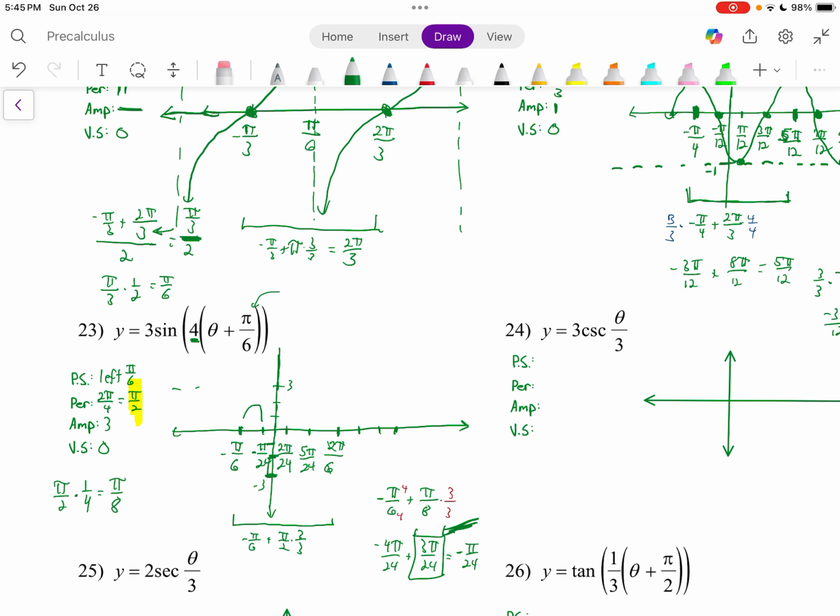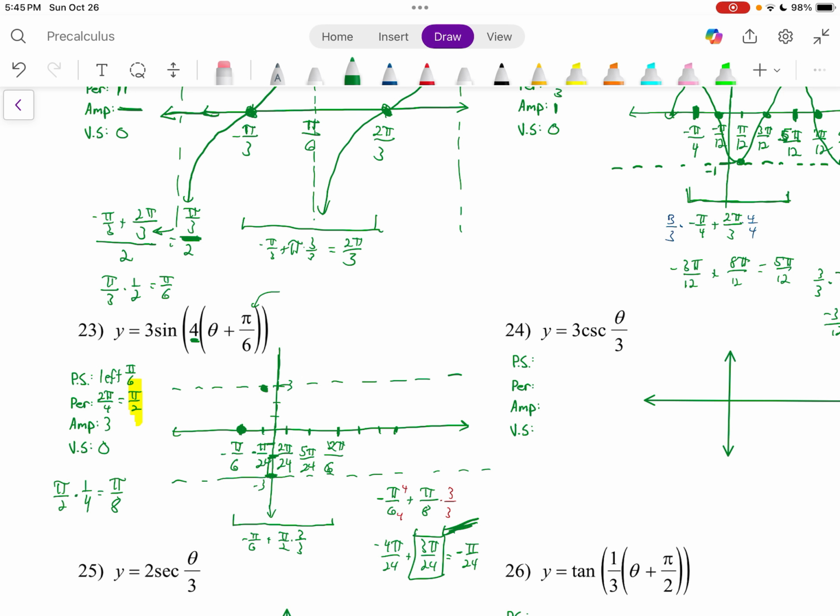I'm going to put my guidelines in there. And this is sine. So here's our starting point. Sine starts at 0. I'm going to erase this little thing here. And then we go up to 3. We're not using the y-axis.